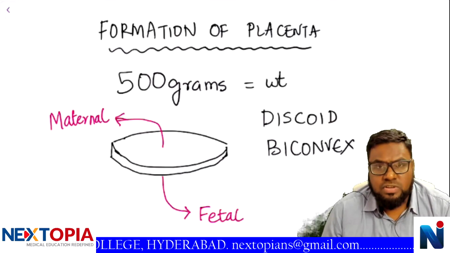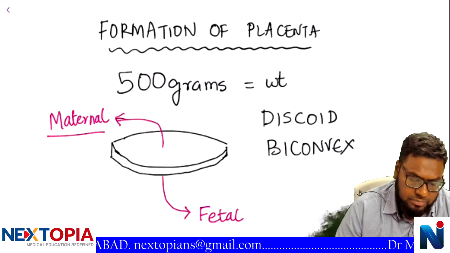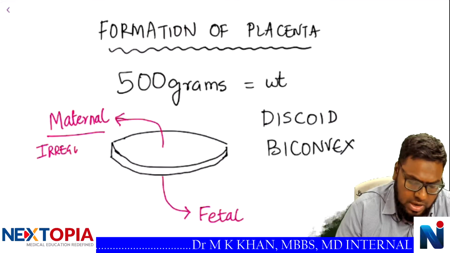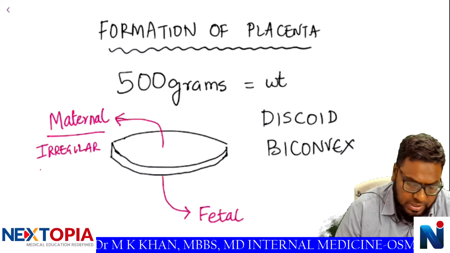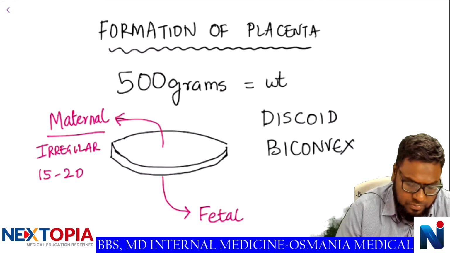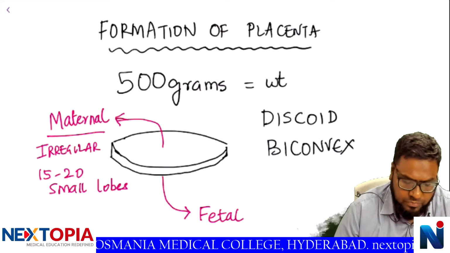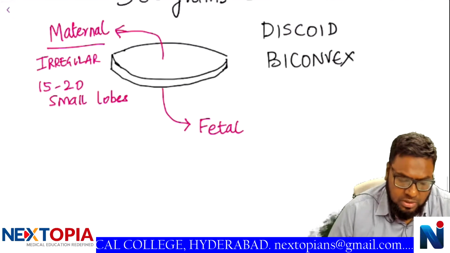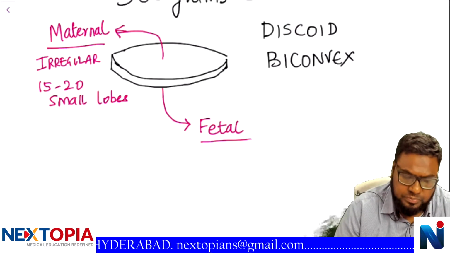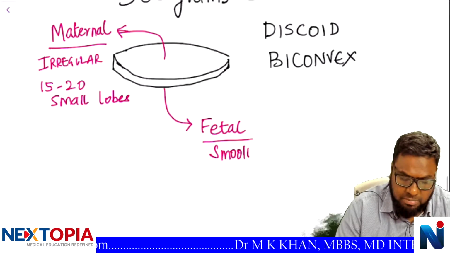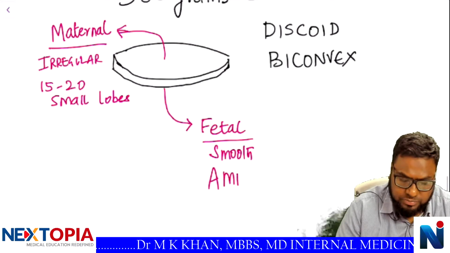The maternal surface of the placenta is irregular, and it is composed of 15 to 20 small lobes. The fetal surface is smooth, and it is covered by an important membrane called the amnion.